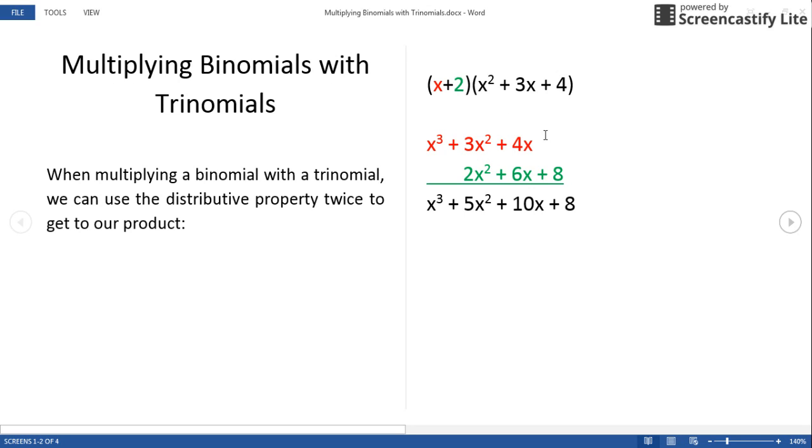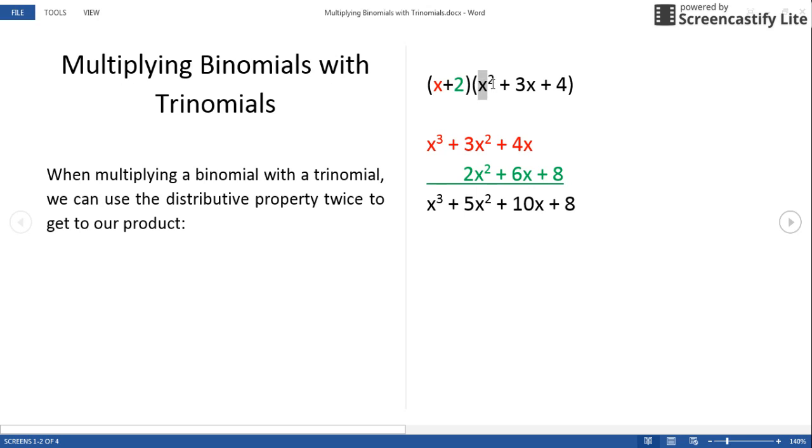Now, as I go back through and try to multiply 2 times everything, I notice that I'm going to have some like terms that will combine. So to make things easier for me, as I multiply 2 times everybody, I'm going to line up the corresponding types of terms vertically so that it'll be easy for us to add together.